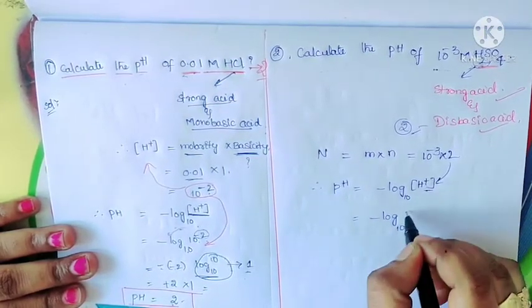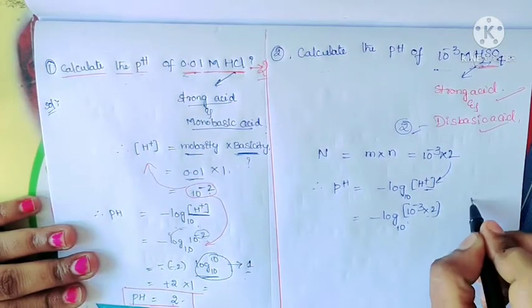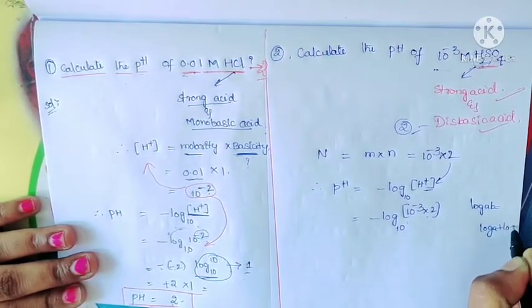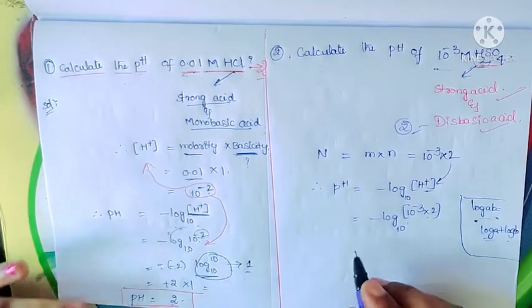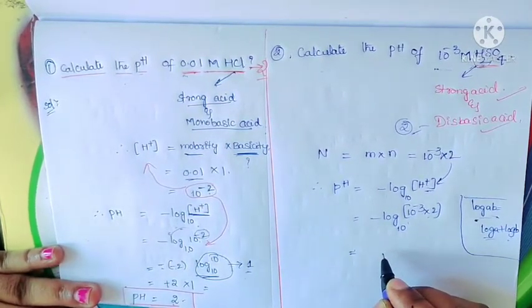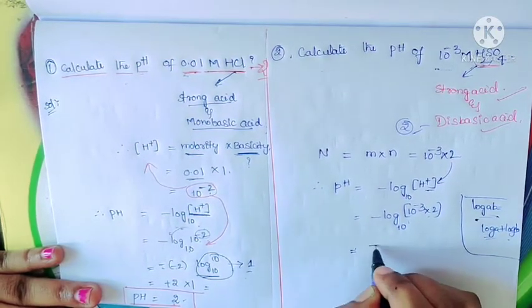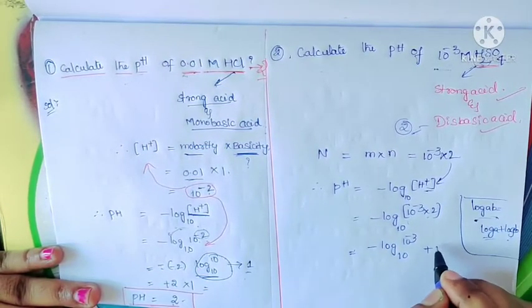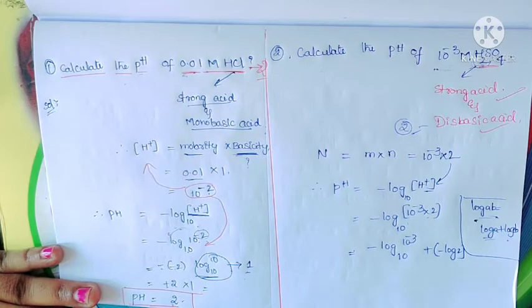We all know log AB equals log A plus log B. So we write it as minus of log 10 power minus 3 plus log 2. The minus is common for both.